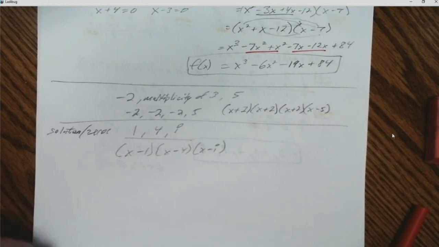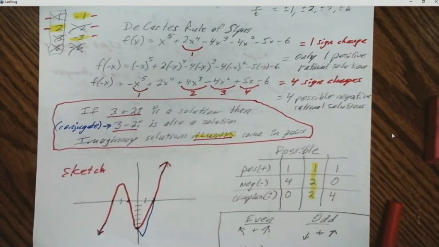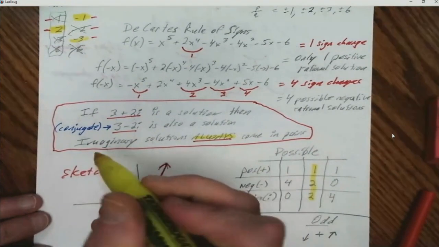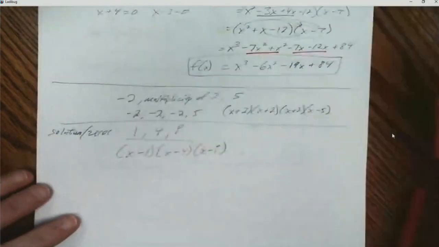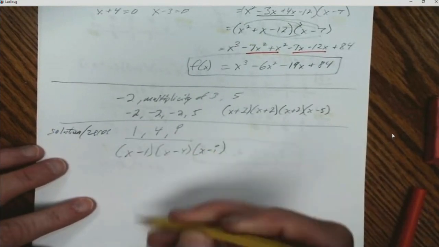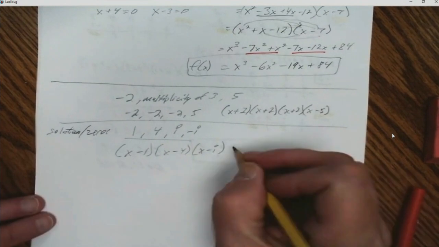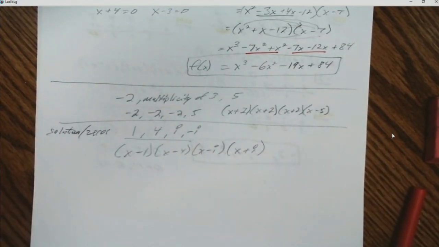Oh, let me find this sheet of paper. Let me see. What did I put in red and circle in the big box? Imaginary solutions always come in pairs. They're trying to trick me right here. If i is a solution, negative i is also a solution. I've got to add that, x plus i. Now I can multiply them together.